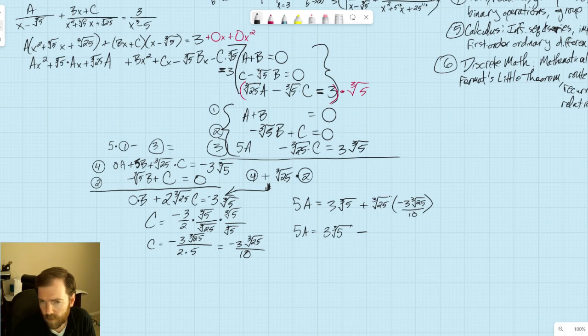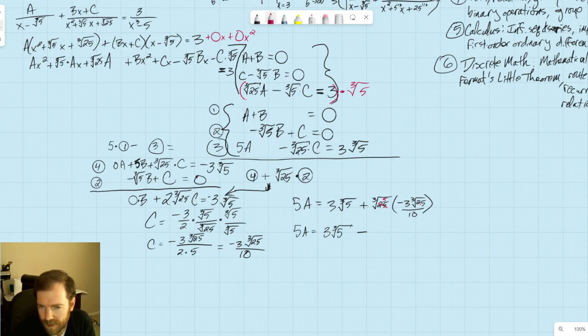This is going to be 3 cube roots of 5, right, cube root of 5 cubed, it's just going to be 5. Divided by 10, we can get rid of the 5s in each of them. So here, this is going to get rid of it. Different color.